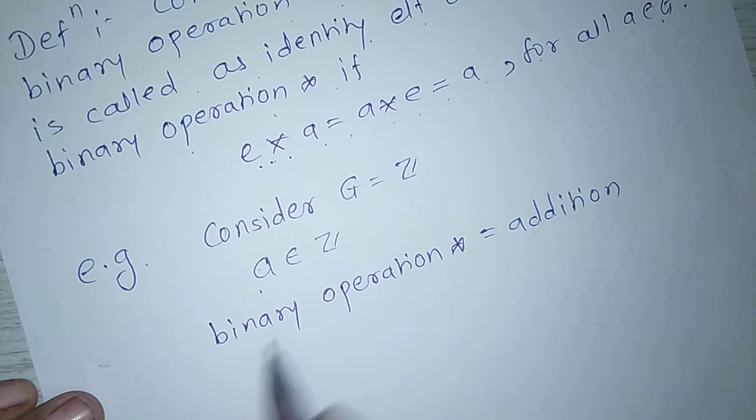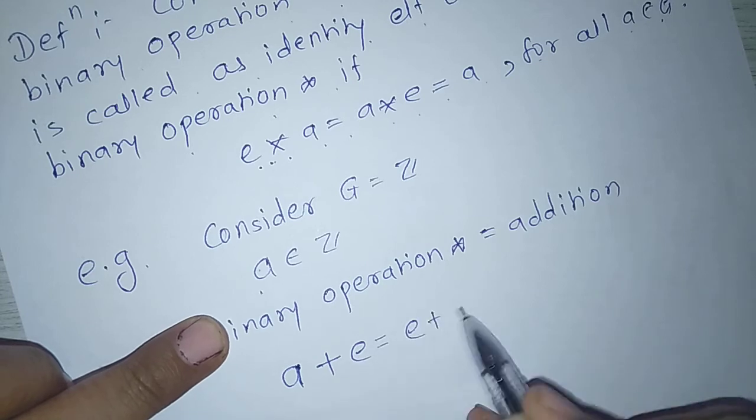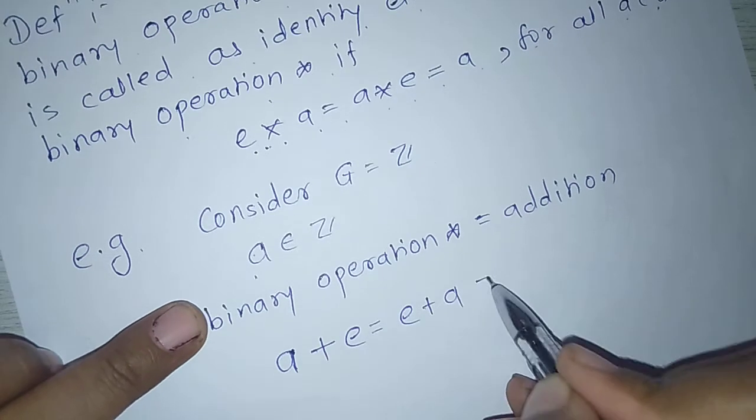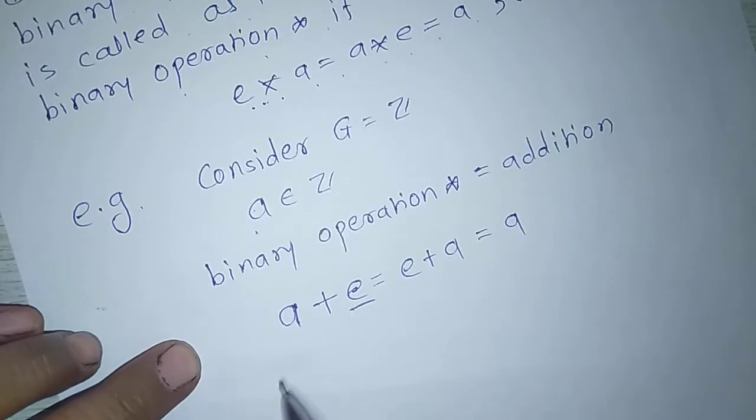For this example, A plus E equal to E plus A equal to A. Here E must be 0.